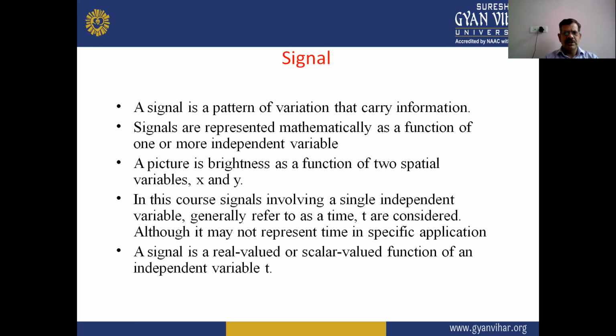In this course, signals involving a single independent variable, generally referred to as time t, are considered, although it may not represent time in a specific application. So a signal is a real-valued or scalar-valued function of an independent variable t.